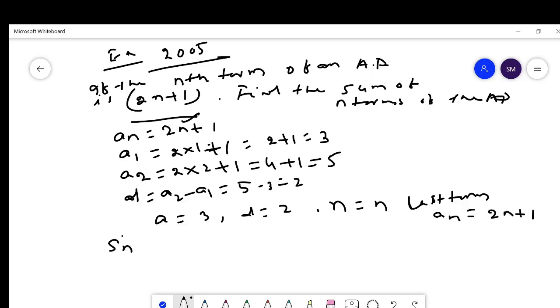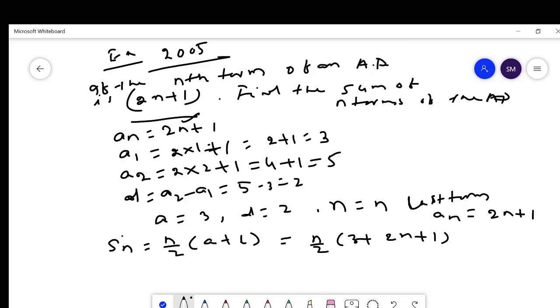According to the formula, Sn is equal to n upon 2 (a plus l), because here a is the first term and l is the last term. Then this is n upon 2, and the first term is 3 plus the nth term 2n plus 1.